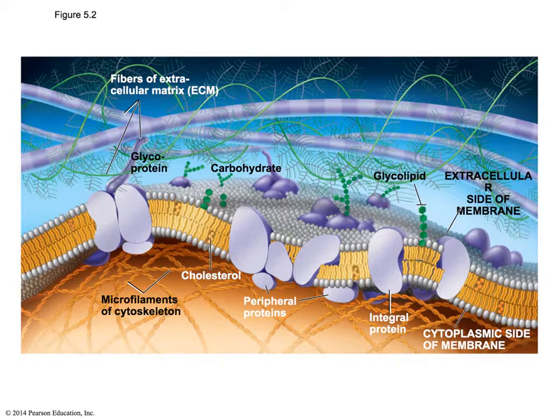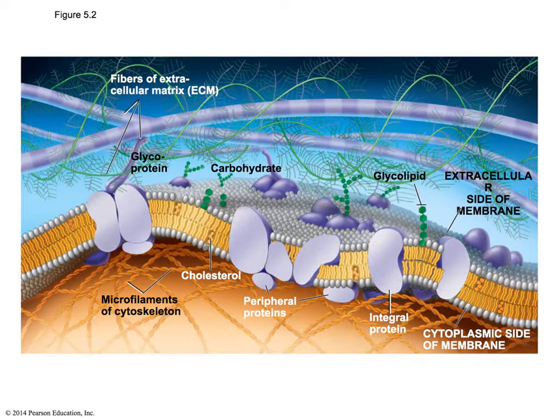This is a really good diagram of what the fluid mosaic model looks like. Here are the two layers. Here's one phospholipid bilayer. That's the extracellular side, and this is the interior side.